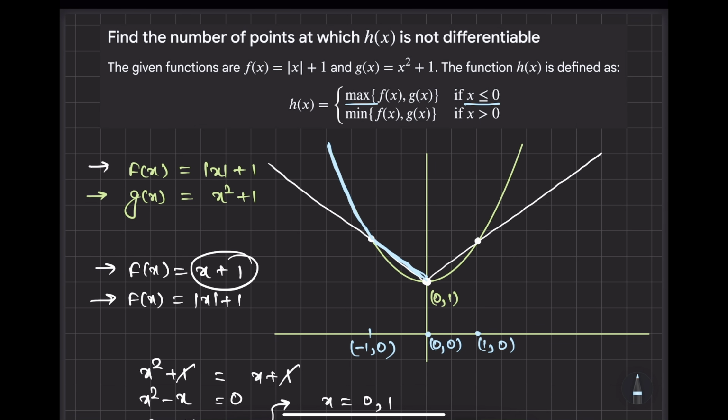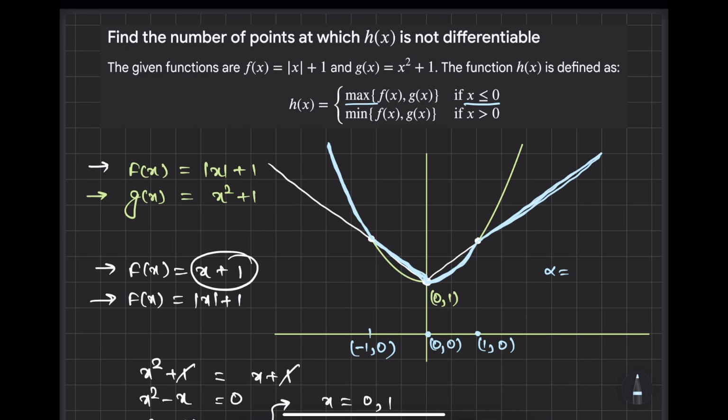After x equals 0, you have to focus on minimum. So you will take the green part from 0 to 1, and then after 1 you will take the white part, correct? And we are interested in finding the number of points at which the function is non-differentiable.